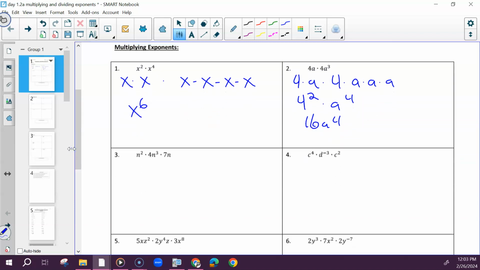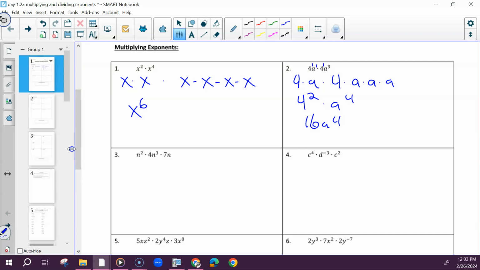So there's a rule when multiplying your exponents together. You add. So if I had just added 2 and 4, I get 6. If I had taken my exponents, 1 plus 1 would have given me 2, 1 plus 3 would have given me 4. Then I wouldn't have had to expand it.